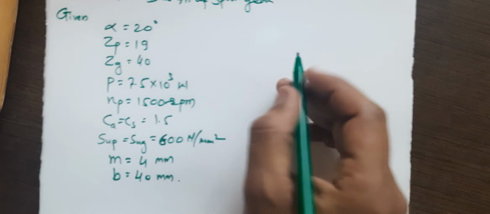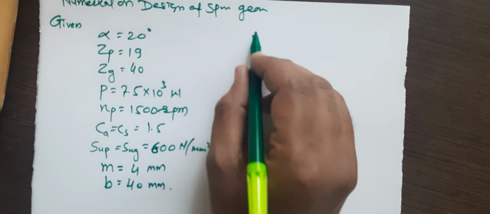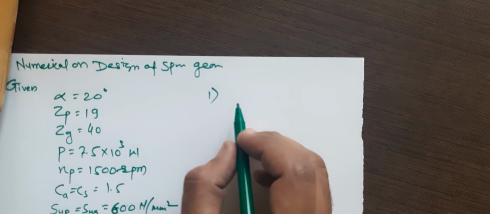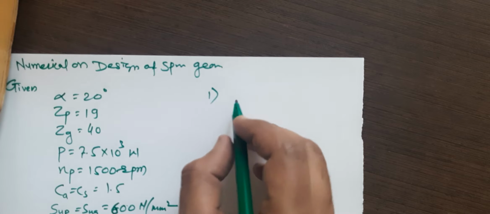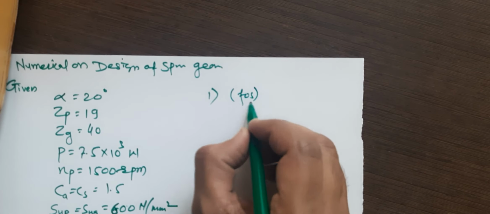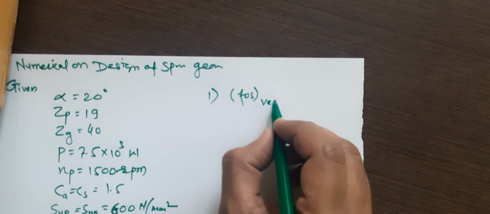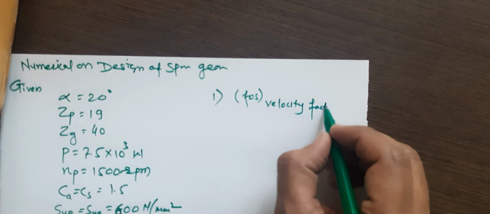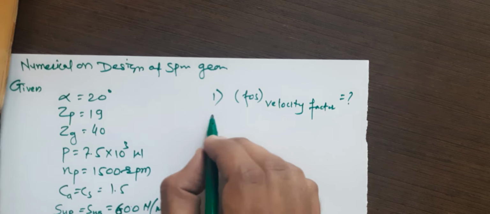Now after this, what is asked in the question is, number 1, using the velocity factor to account for the dynamic load, determine the factor of safety. So the factor of safety based on velocity factor, we need to find first.